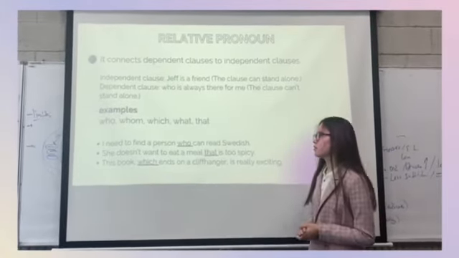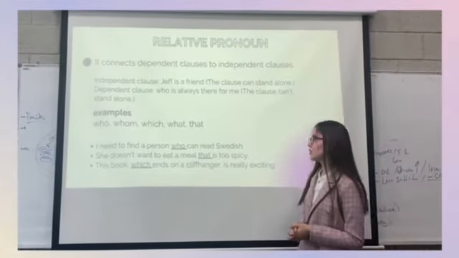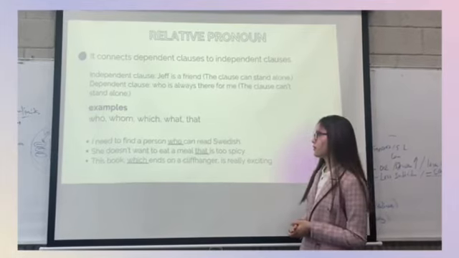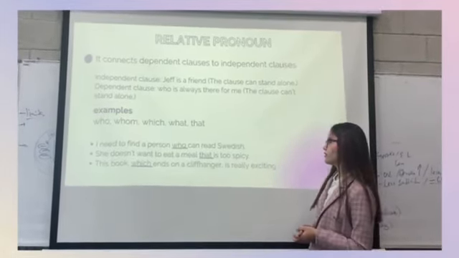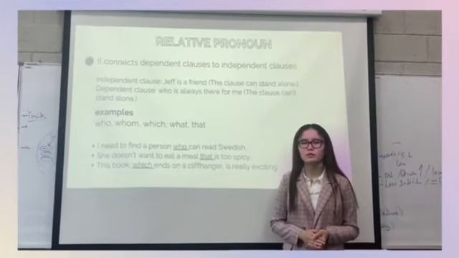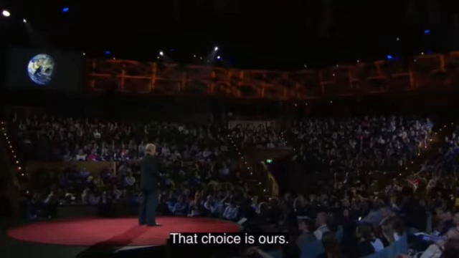Examples of sentences: "I need to find a person who can read Swedish." Here, who is a relative pronoun. "She doesn't want to eat a meal that's too spicy." "This Google chance on cliffhanger is really exciting." Here, which and that are relative pronouns. "That choice is ours."